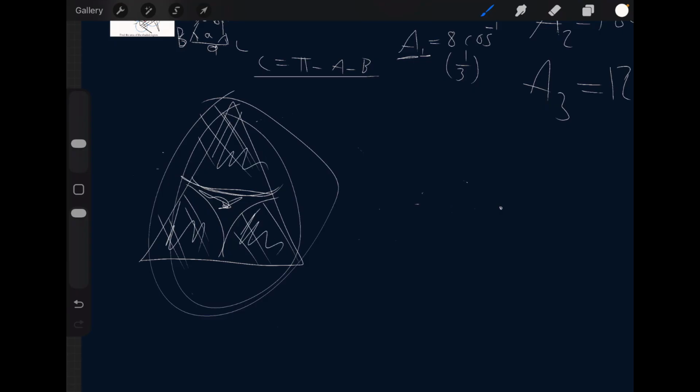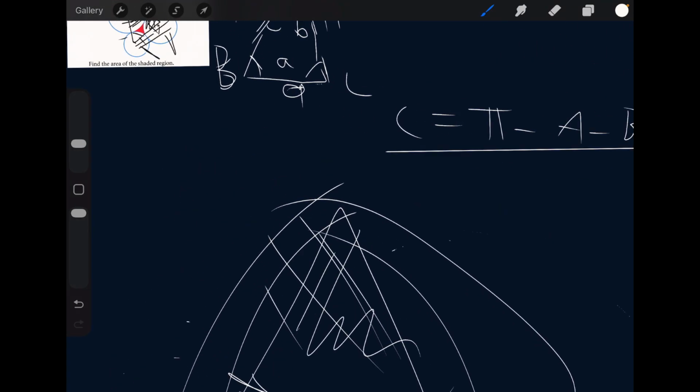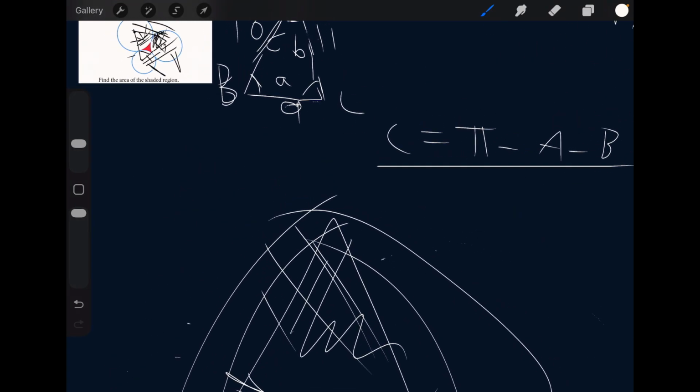And then we'll just have the red one left, which was the red one we had from the beginning. So I hope that's understandable, and let's make the final calculations.